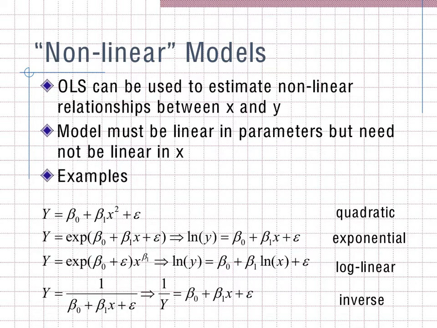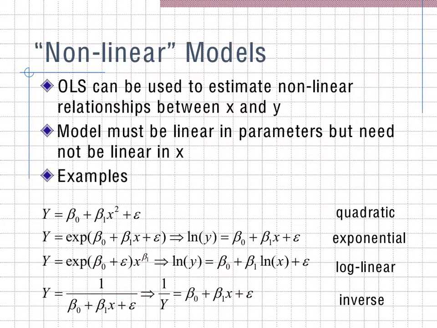Here's a third example known as a log linear model. In this case, we have that y is equal to e to the beta 0 plus epsilon times x to the beta 1. So the beta 1 appears in the original model as an exponent, and the beta 0 appears in the exponential term.